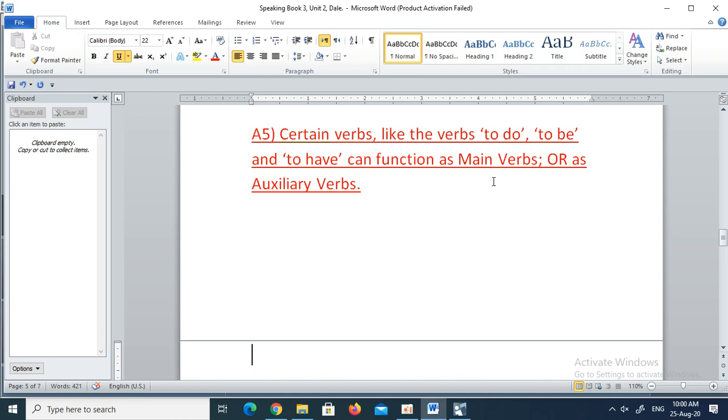Now, it is important to understand that those three verbs can function as main verbs, because last video we covered them as auxiliary verbs, but they can function as main verbs also. To do, to be, or to have. They can be either main verbs or auxiliary verbs.